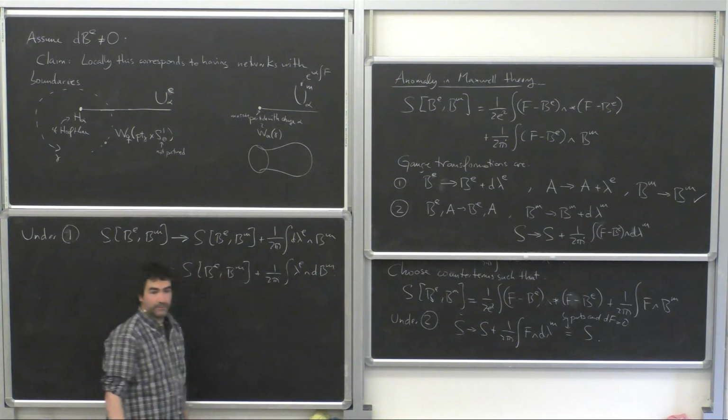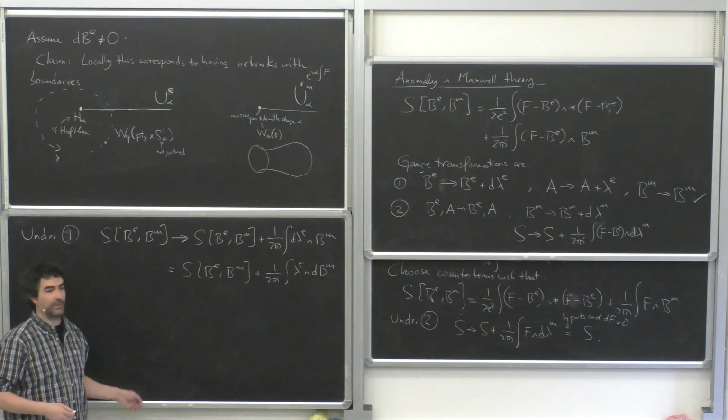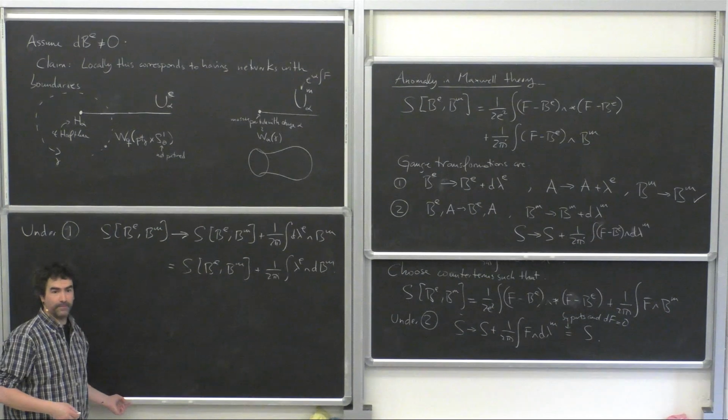Okay. So again, if you turn on a non-flat background for Bm, you have an anomaly in the electric transformation.